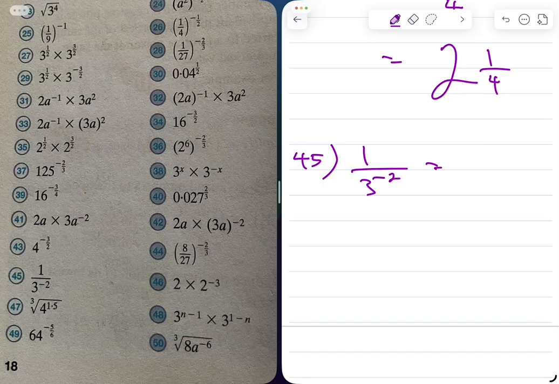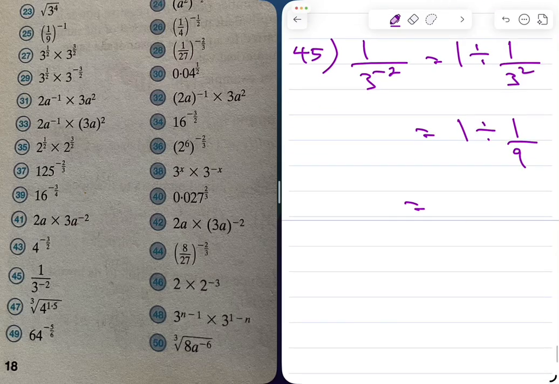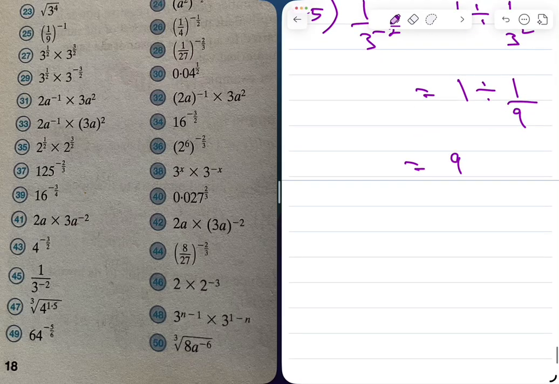This is the same as saying 1 divided by 3 raised to the power minus 2. I can do it this way: 3 raised to the power minus 2 is the same as 1 over 3 raised to the power 2, which simply means 1 divided by 1 over 9. And that's the same as 1 times 9 over 1, which is 9.